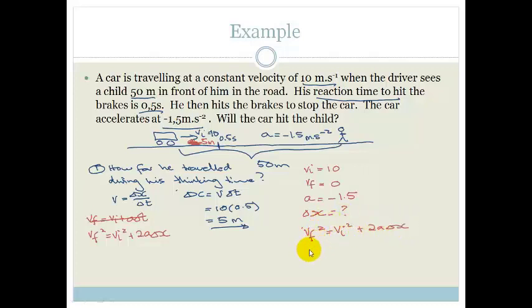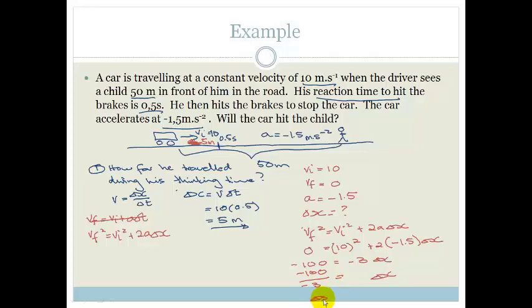The final velocity is 0. The initial velocity is 10, but it's squared, plus 2 times minus 1.5 delta x. So therefore, we take this across, it's 100, it becomes minus 100, which is equal to minus 3 delta x. So the delta x is going to be minus 100 divided by minus 3.